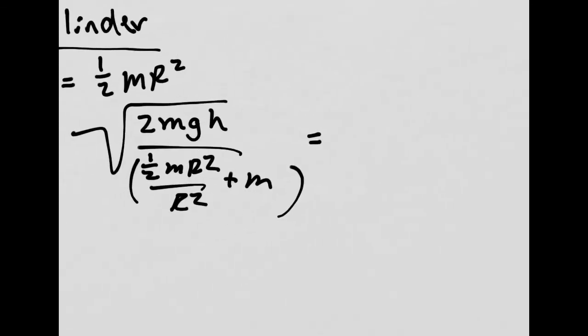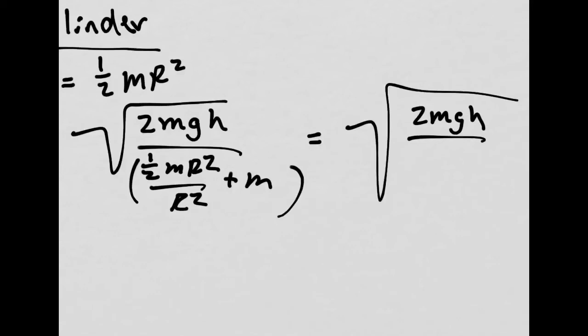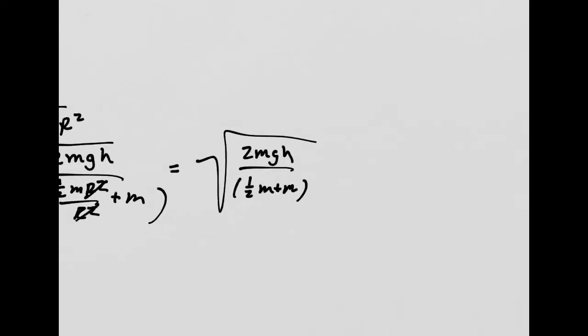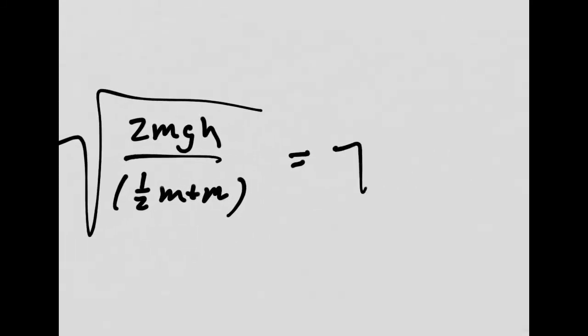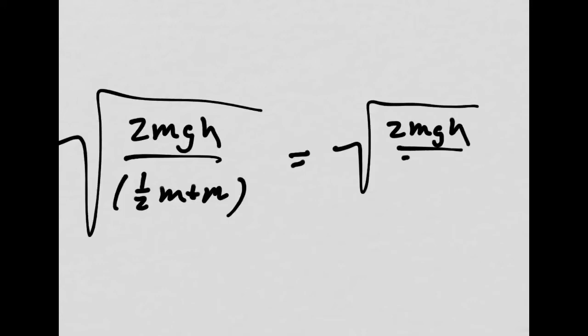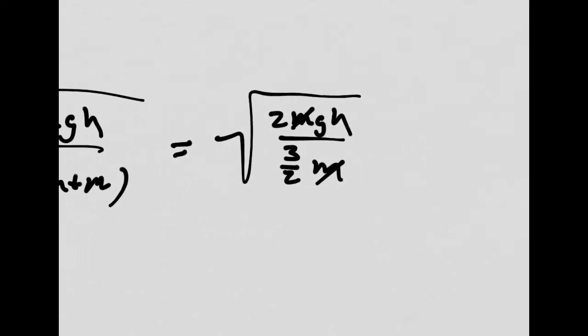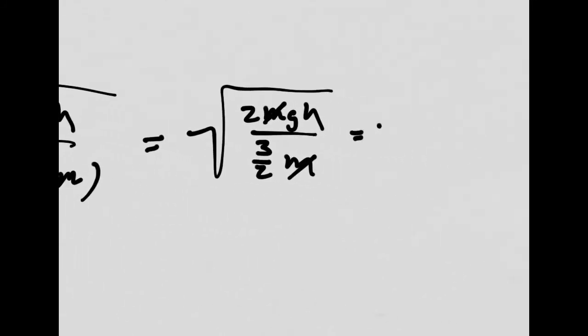Two mgh, our r's will cancel, and we'll get 1/2 m plus m, which is the square root of 2mgh over 3/2 m. The m's will now cancel, and we get the square root of 4/3 gh.